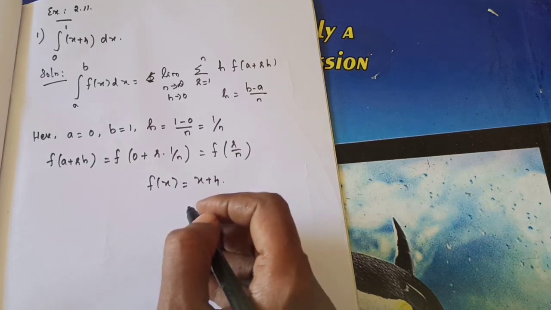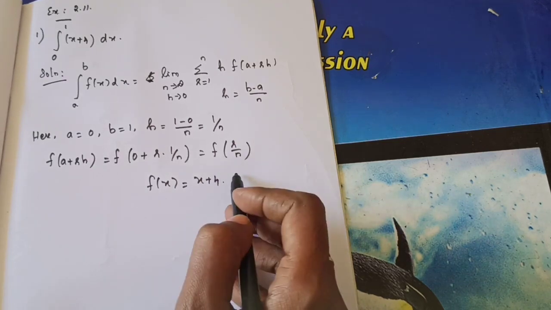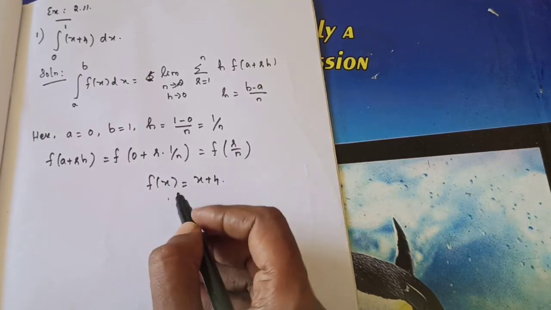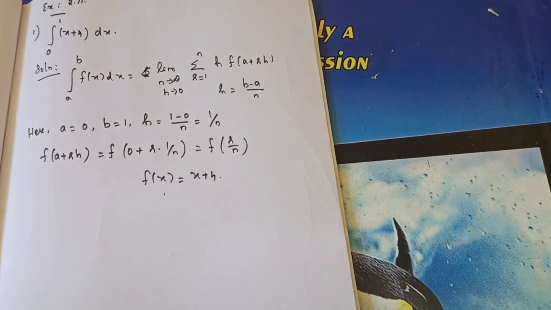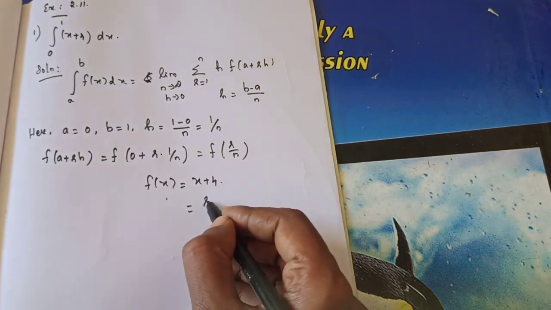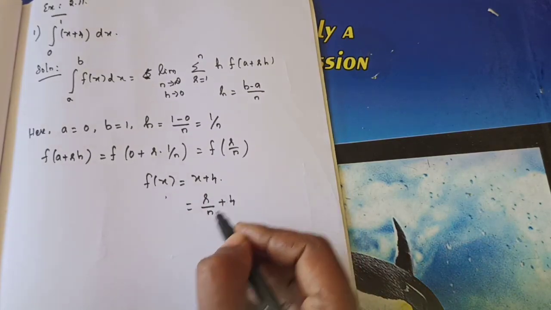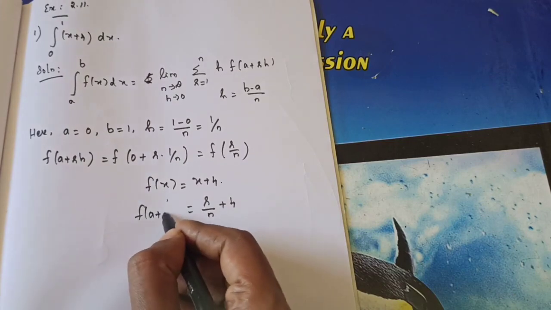So plus 4 must be there. So r by n plus 4, correct? So the value is r by n plus 4. Okay. So this is the value for f of a plus rh.